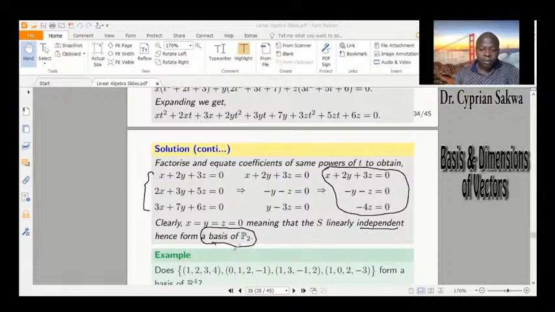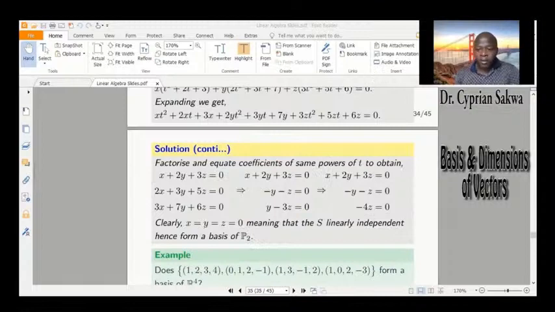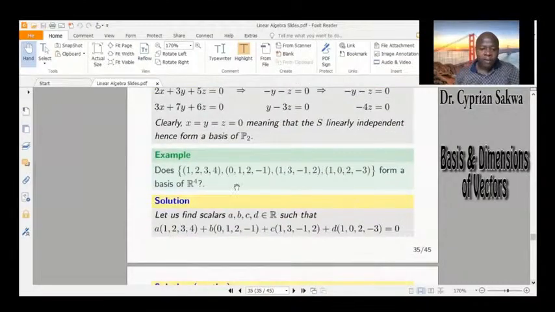So I think the concept of vectors forming a basis is now very clear. I want to give the next example as an exercise to you. I have this example, and the question is, do these vectors, these are 4 vectors, 1, 2, 3, 4, form a basis of R4?